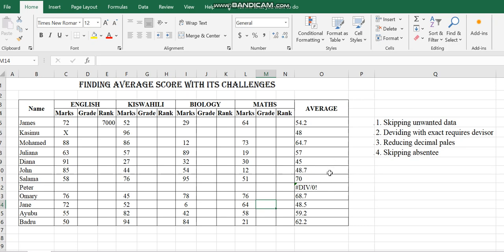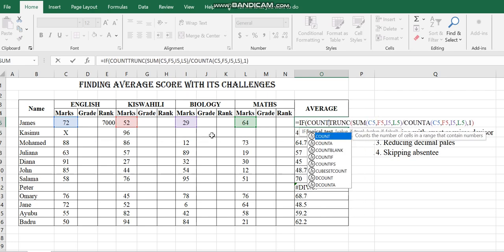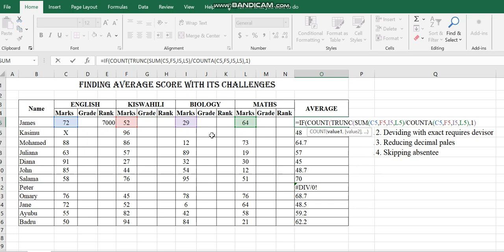So how do we do it? The solution is we'll incorporate IF, as follows. You start with IF. How do we know that this person has not done? If you count the number of subjects he or she was supposed to do, which were, this is the first one, second one, the third one, and fourth one.